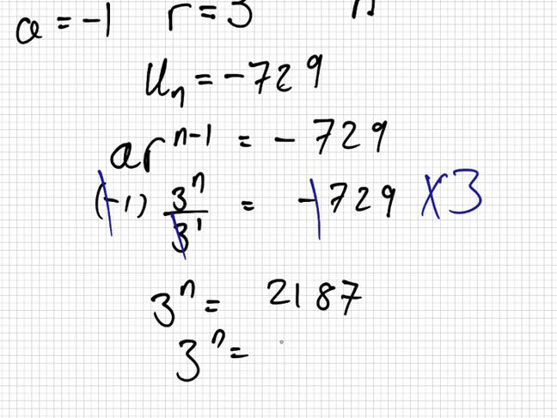Logs would work, yeah, but I haven't taught you that yet, so pretend you don't know it. 3 power 7 is this number here. So 3^n will equal 3^7, so then n will equal 7. Although I know some people already know about logs and other things. You can use that to find the n if you want. We don't talk about these things, not yet anyways.